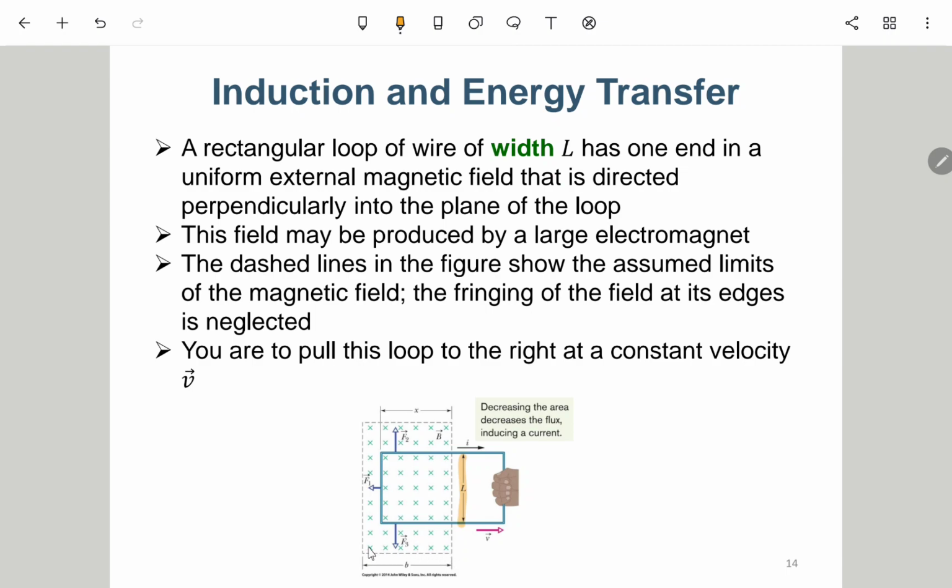It is uniform in this dotted area. Only inside this area do we have a uniform B field. Outside it, we assume we don't have any B field.